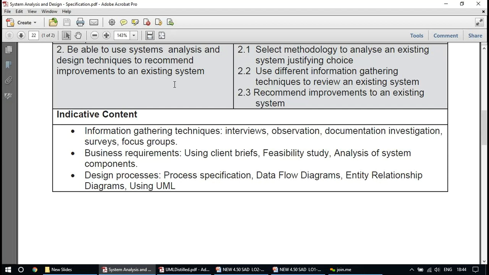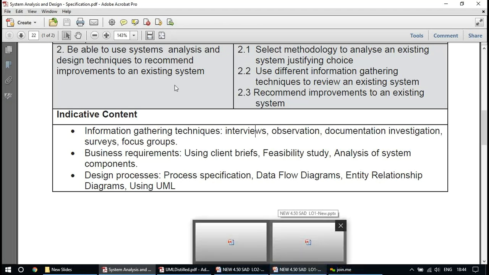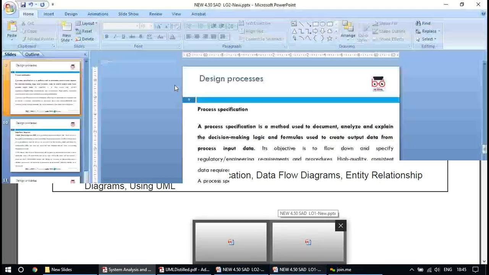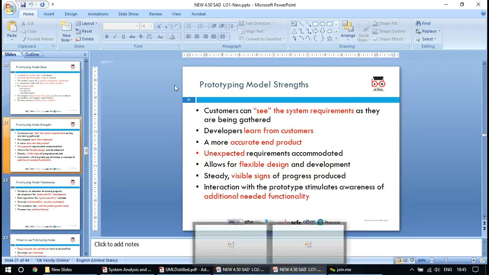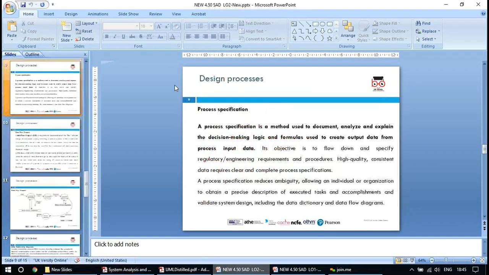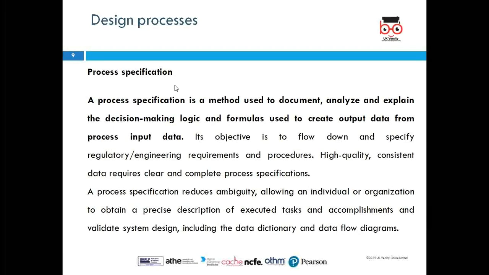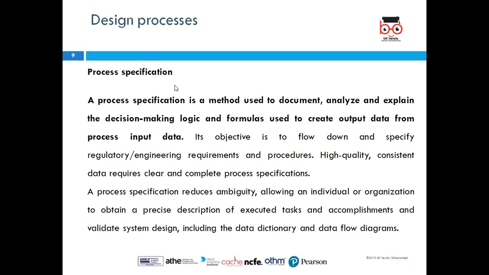Analysis of the system components also comes under the analysis and design. So we take this as analysis and design. Analysis is basically the requirements, what you want to do.